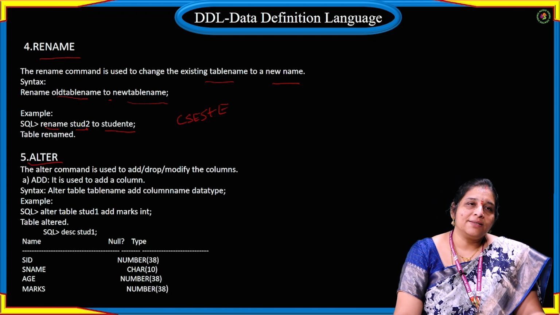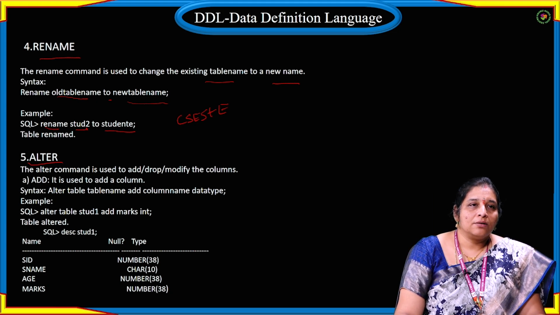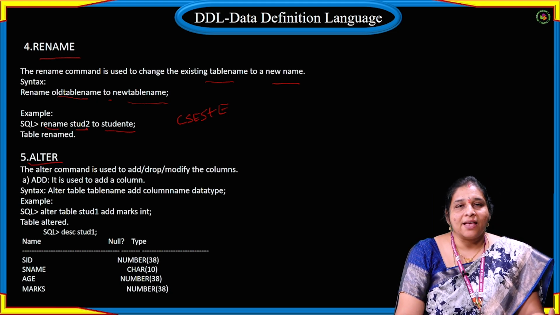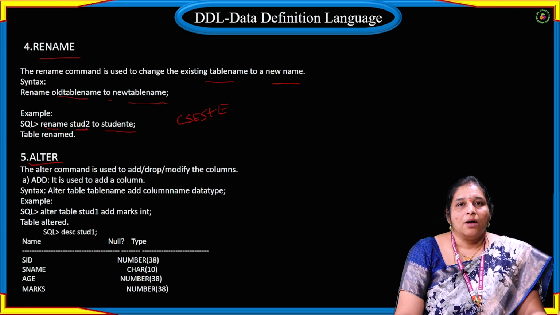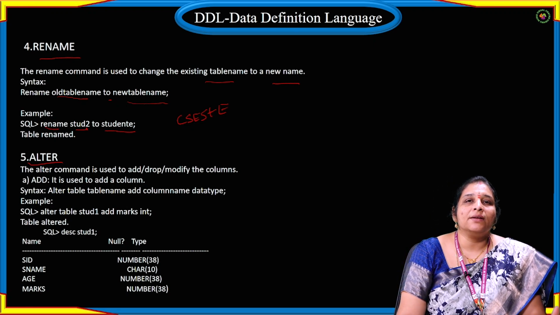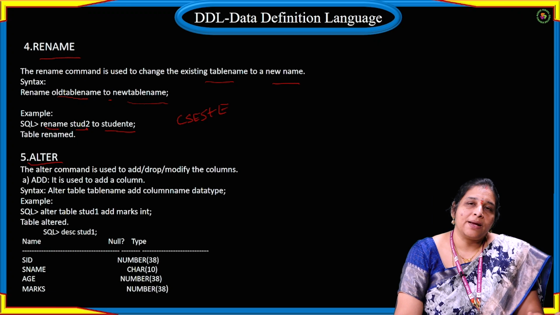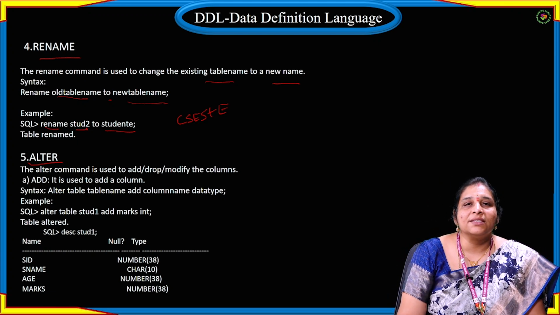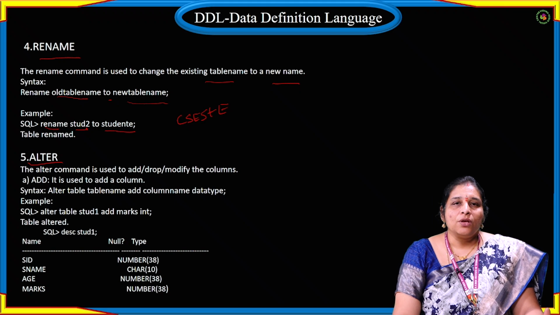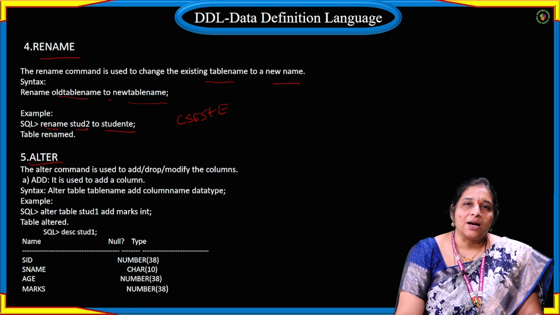Or suppose I initially took the size as 10, and over a period of time I found that there is one name whose character byte length is more than 10. In that case, I want to increase the size of the data type. In all those scenarios, we can use the alter command.